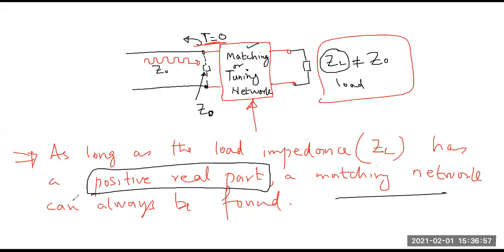Now, as I was saying, this matching or tuning network is not one network or one circuit. There are a number of types of matching circuits that we are going to explore in today's lecture and maybe in the next two lectures as well. So if you have a number of matching circuits available, on what basis are you going to select a particular one?